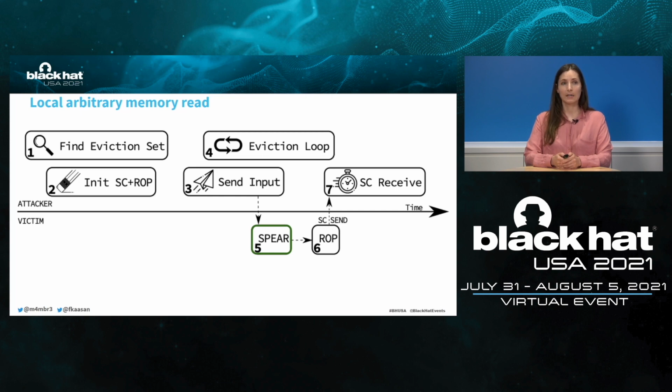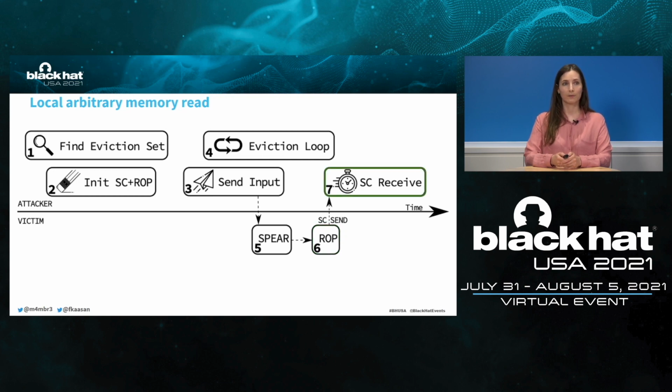As a result, the victim is tricked into executing a side channel send of an attacker-chosen memory location. This happens in step 6. This is achieved with the ROP component, which reuses code snippets from the victim program, which are selected and primed in the initialization phase. The attacker can then execute the corresponding side channel receive in step 7.